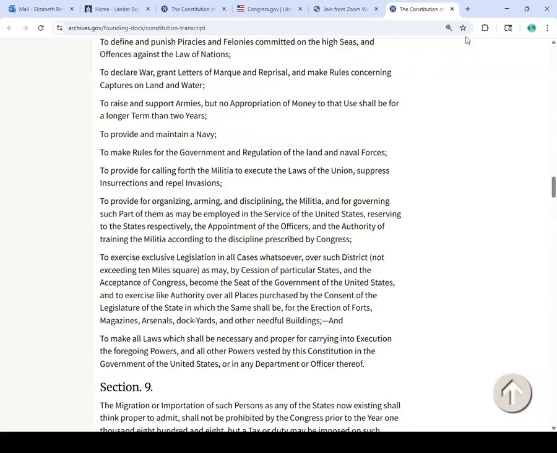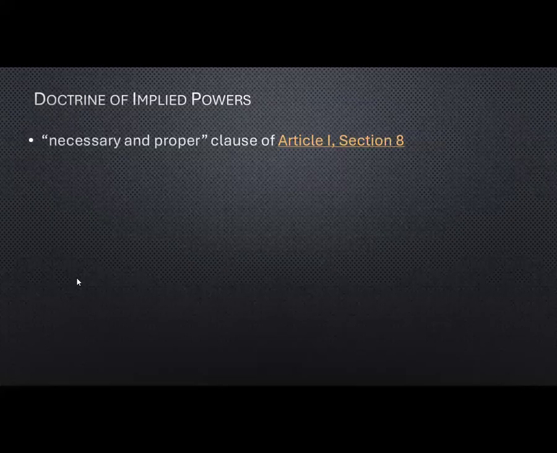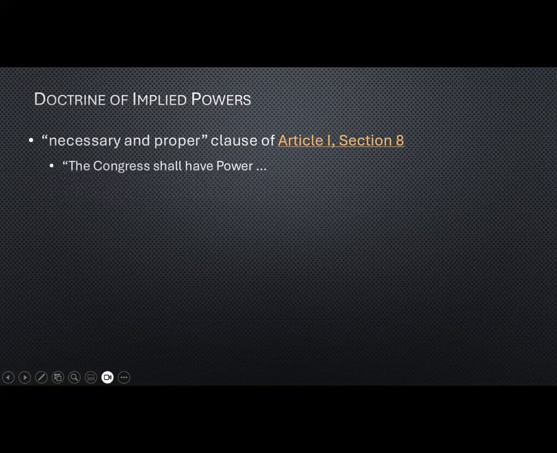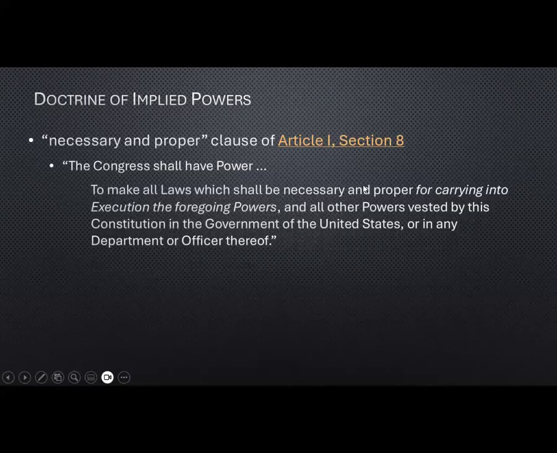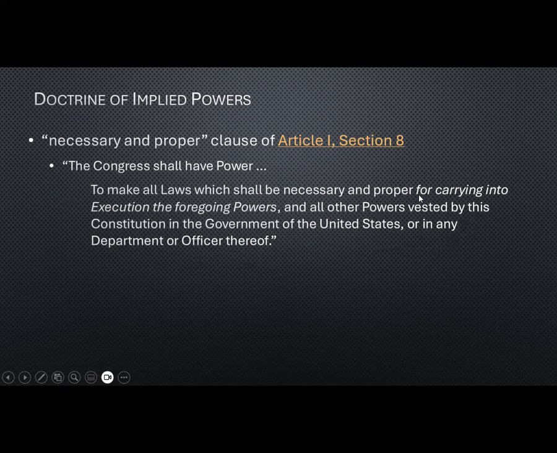Now let me take you back to the PowerPoint. The clause itself gives Congress a power to make all laws which shall be necessary and proper, but it includes a modifying phrase, for carrying into execution the foregoing powers. The courts have used that modifying phrase to place a reasonable limit on Congress's lawmaking power.